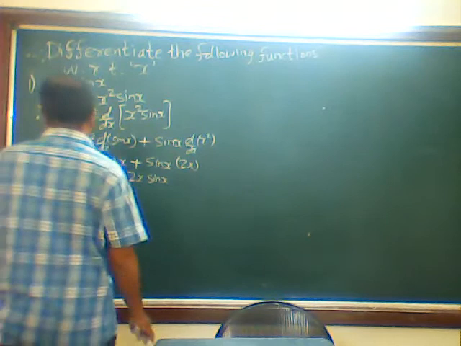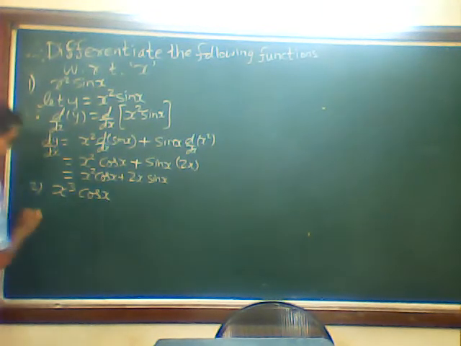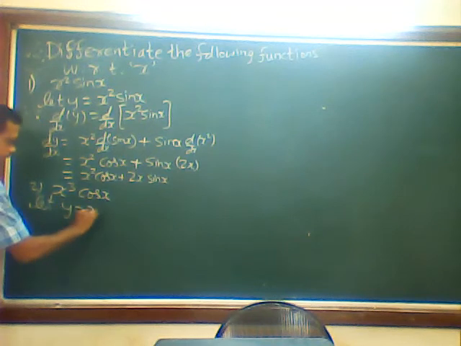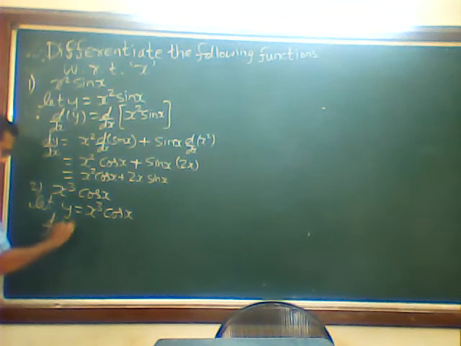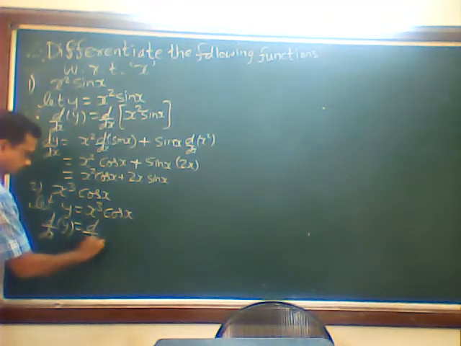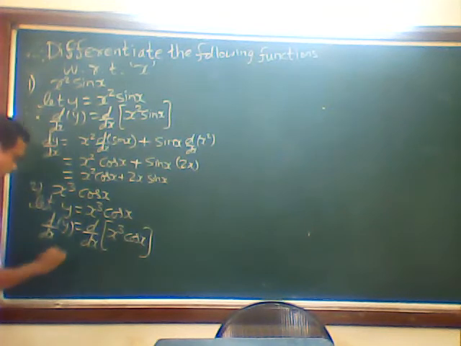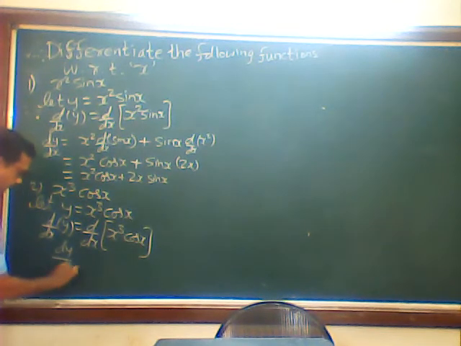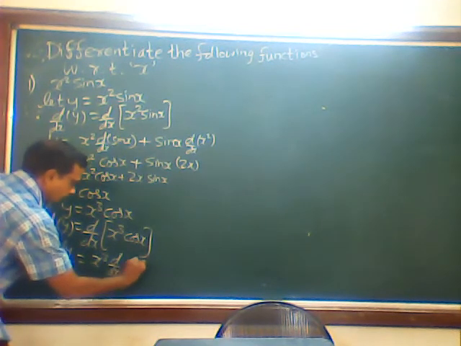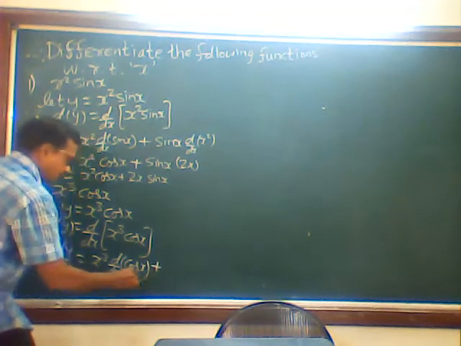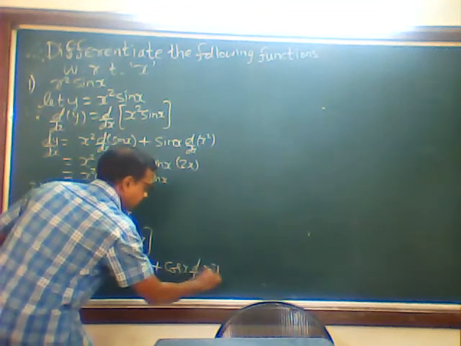Next is x cube cos x. Again, let y is equal to x cube cos x. You apply d by dx on both the sides. Then dy by dx is equal to first term as it is, x cube, d by dx of cos x, plus cos x as it is, d by dx of x cube.